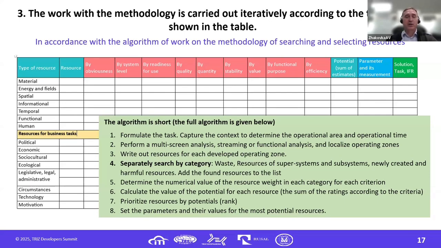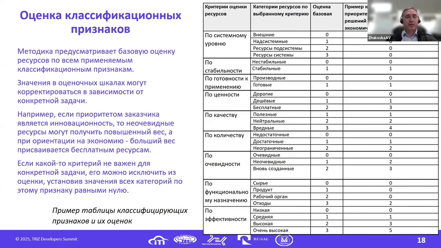For instance, an Excel table can be used, and it is supposed that all classifications that I've mentioned before, by systemic level, by value, quality, and so on, by functional purpose and objectivity, are brought together in one table.